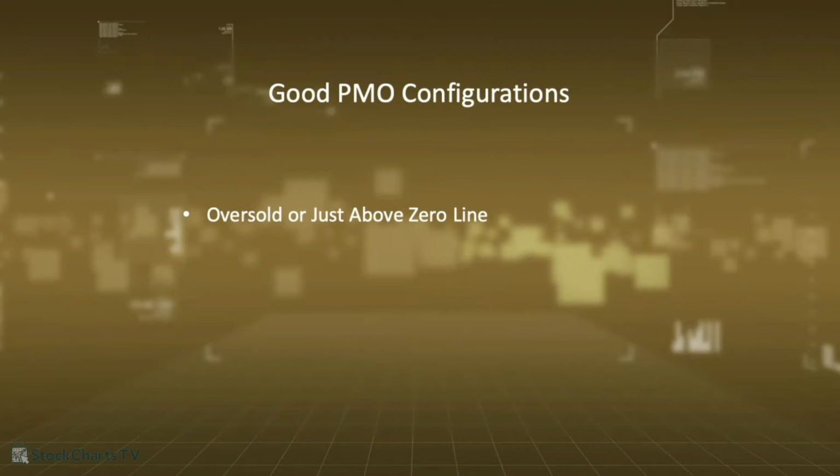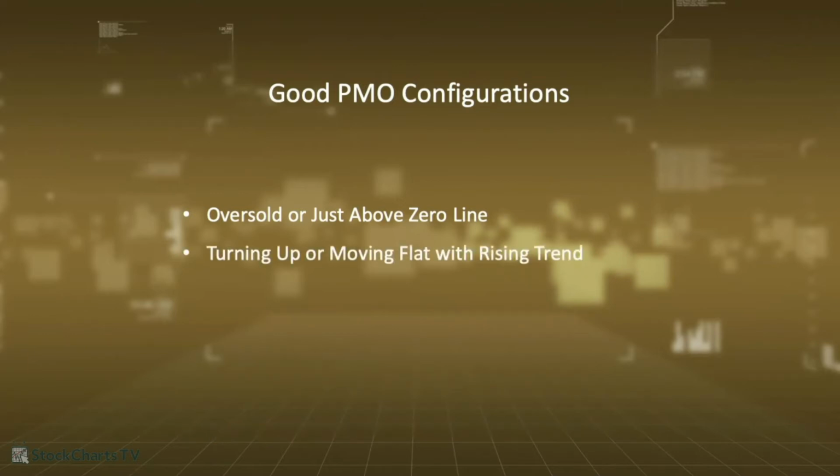That tells me you've got a stock that's been oscillating above the zero line with the PMO, and that implies internal strength. So if you find one that's turning up just above the zero line and it's had this really nice oscillation above that line, those are usually good configurations to look at.